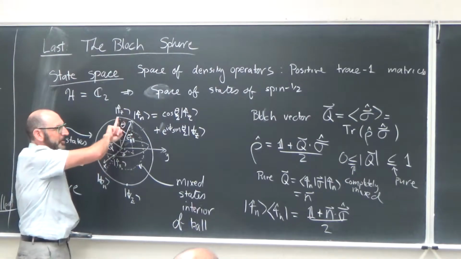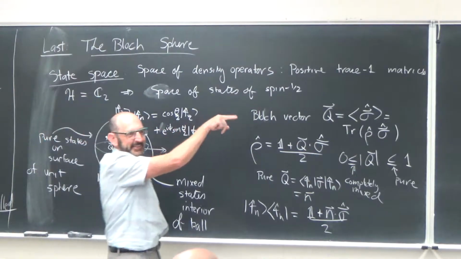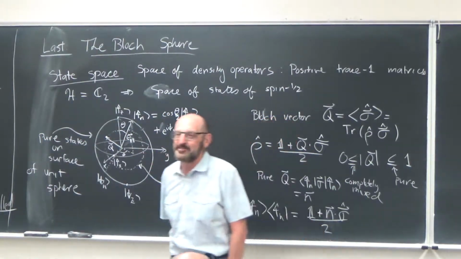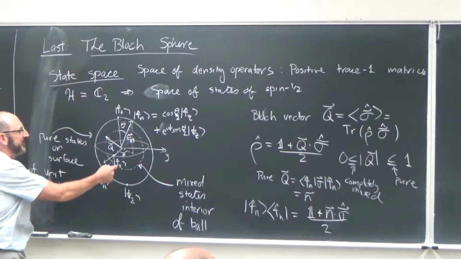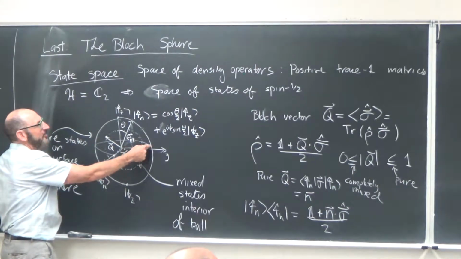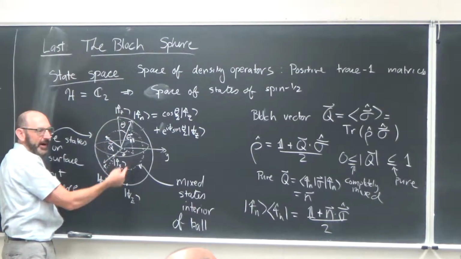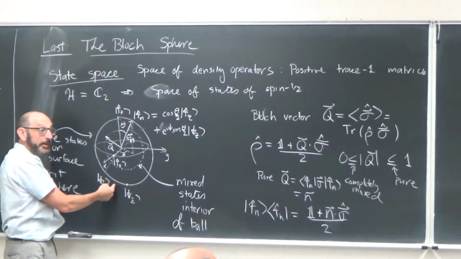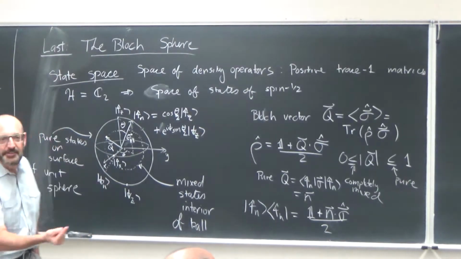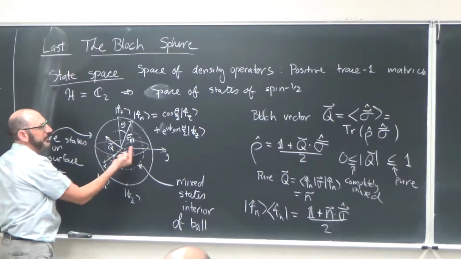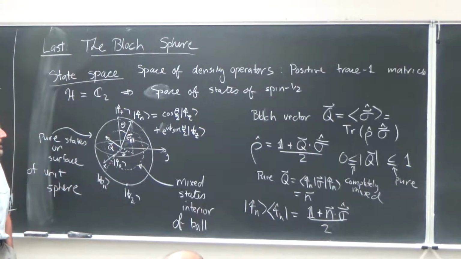Because the angle would be pi over 4, and cosine squared of pi over 4 is a half. So every one of these states here has a half probability of being up, or a half probability of being down, as we know, right? And what distinguishes those different states is the relative phase between them, right?